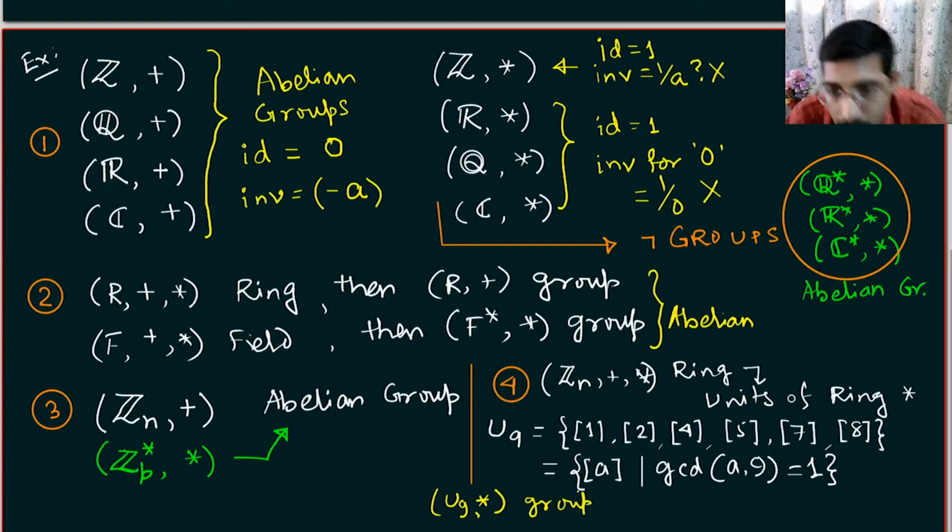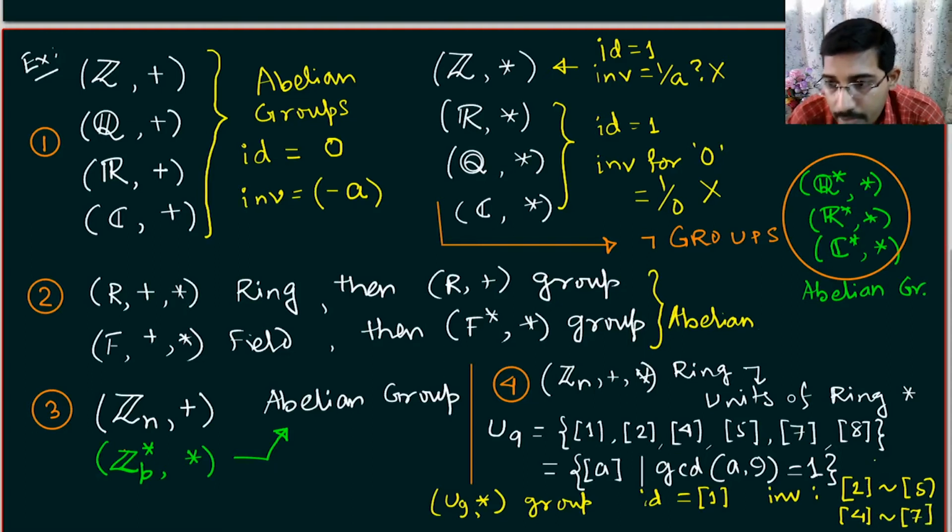Here the identity element is 1. Some of the inverses: 2 has the inverse 5, check it. 4 has the inverse 7. 8 has the inverse itself.